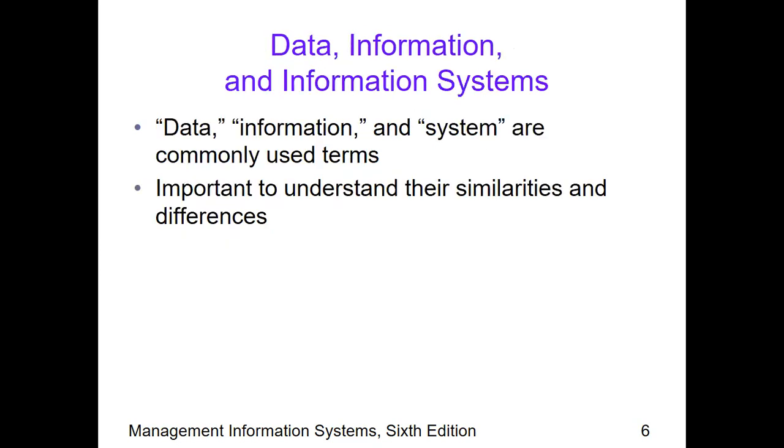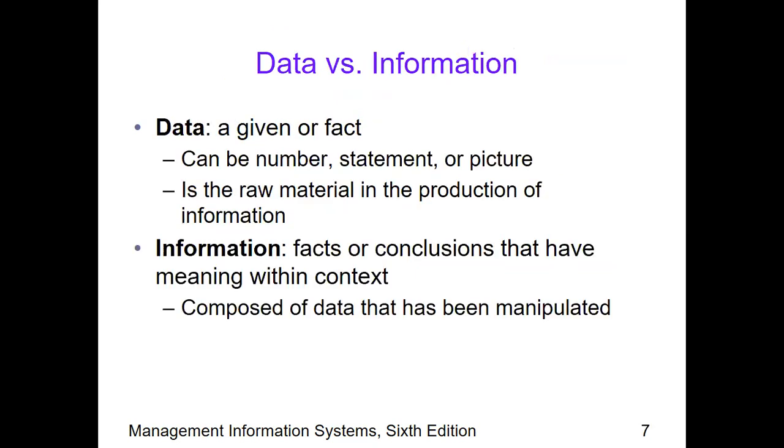We have to take note that data, information, and system are commonly used terms, and it is very important to understand their similarities and differences. Data is a given or a fact, also called unprocessed information, or raw data.